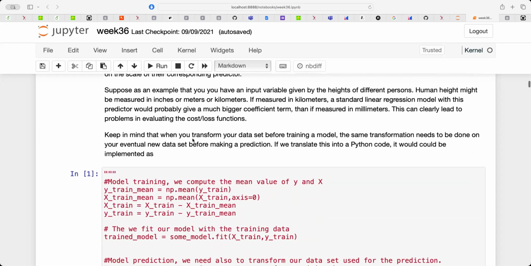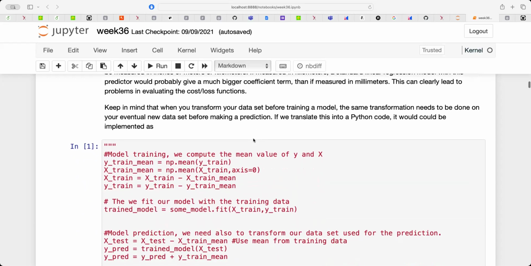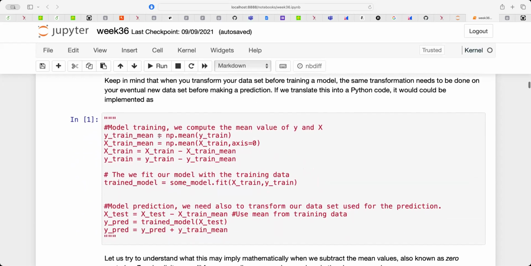When you transform your data before training a model, the same transformation needs to be done on your eventual new data set before making a prediction. So what you would typically do is have a train mean, where you simply calculate the mean for the y values, and you do the same for your feature matrix.